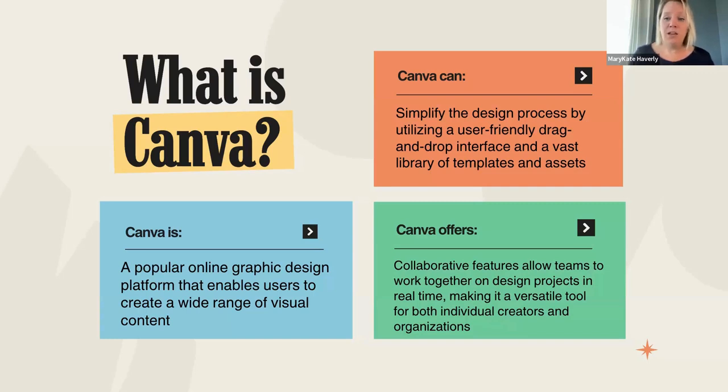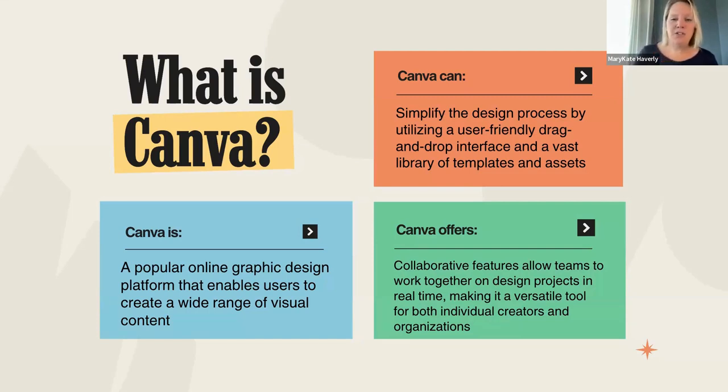With Canva, you can effortlessly create professional looking materials because it utilizes a really user-friendly drag and drop interface. That means you can have more time to focus on your content and far less time trying to figure out the technicalities of this program or of design.